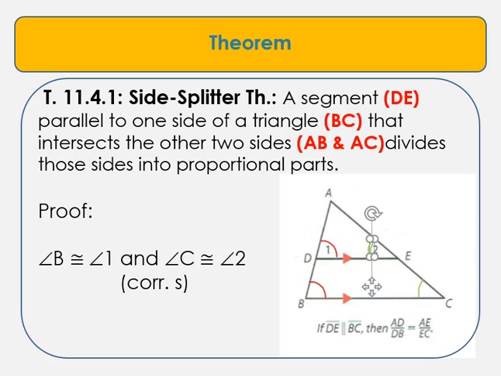Now this is because they're corresponding angles. So think of DE and BC as parallel lines and AB being a transversal, and those two angles would be corresponding angles. And the same thing goes for transversal AC. It sets up angle C and angle 2 to be corresponding angles also.